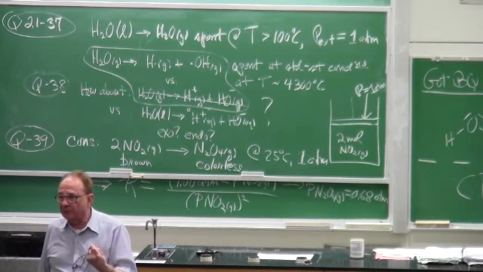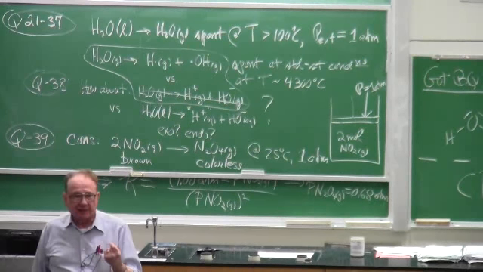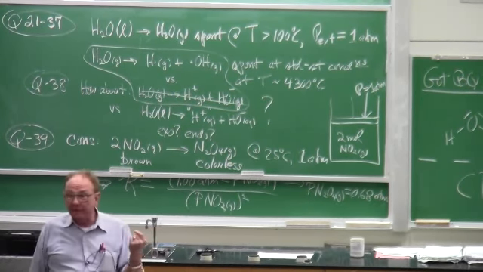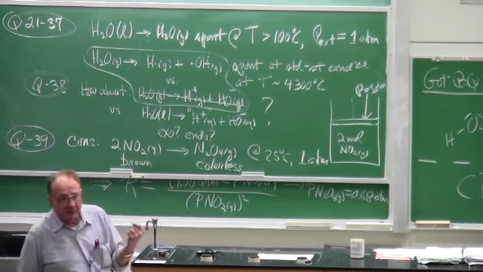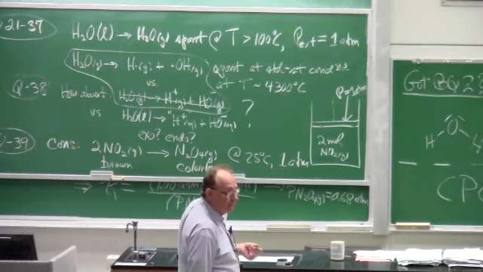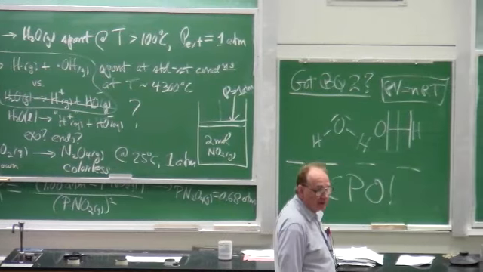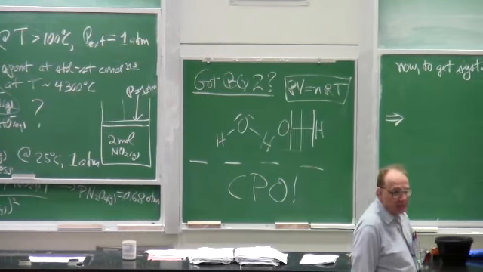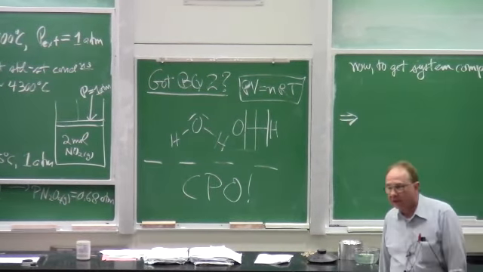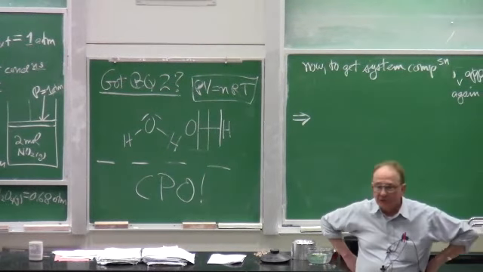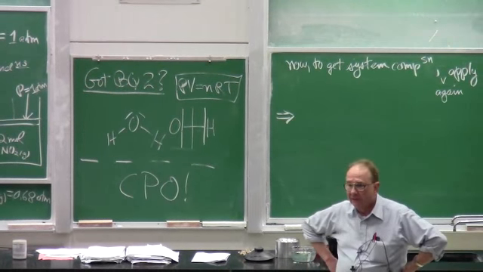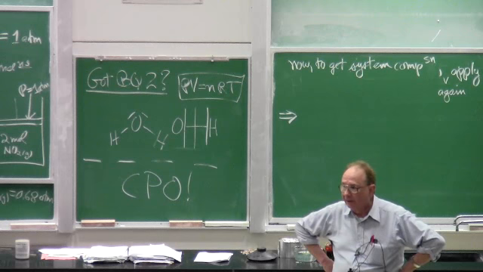Well, if I had 2 moles of an ideal gas at 0 degrees centigrade, I'd have 2 times 22.4 liters. That's about 45 liters. But I'm not operating at 0 degrees centigrade for this investigation. I'm operating at 25 centigrade. Will the gas occupy a larger volume or a smaller volume compared to its volume at 0 centigrade? Larger.